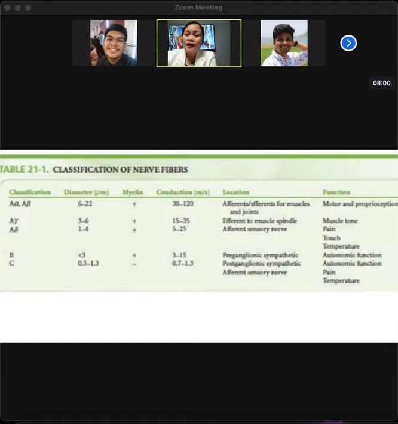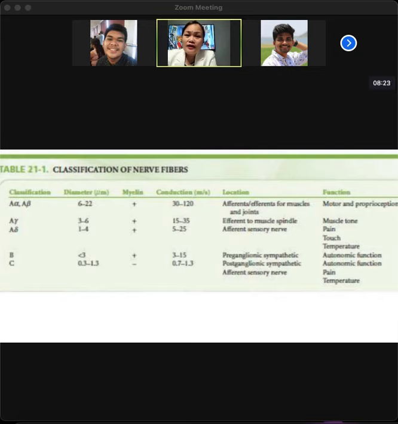So we have the classification of your nerve fibers. We have the A fibers, B fibers, and your C fibers. For A fibers, such as A alpha and A beta, they are responsible for your afferent and efferent for muscles and joints, functioning as motor and for proprioception.